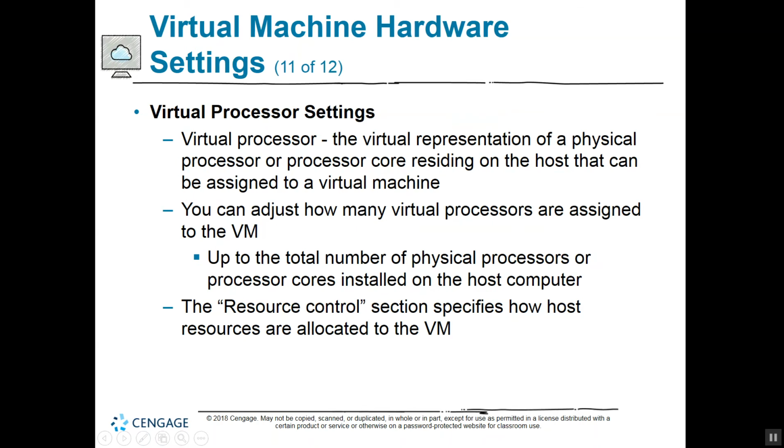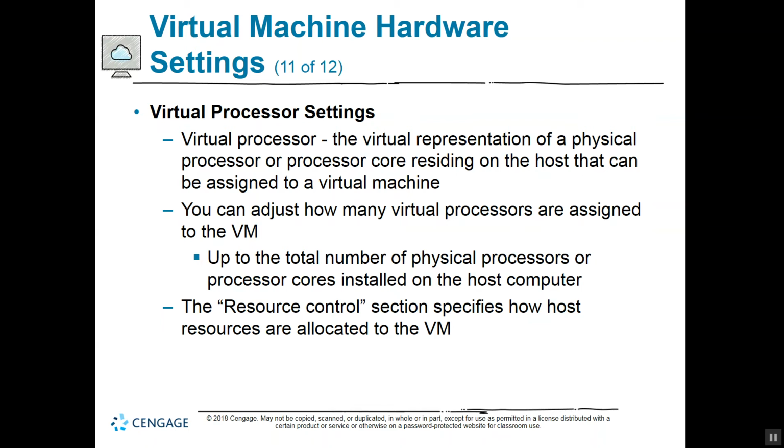So we've got virtual processor settings. The virtual processor is a representation of a physical processor or processor core residing on the host. You can adjust how many virtual processors are assigned to the VM up to the total number of physical processors or processor cores installed on the host computer.